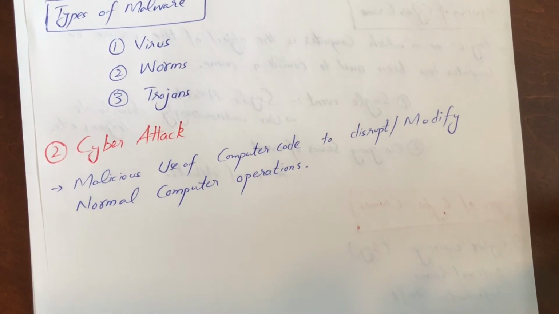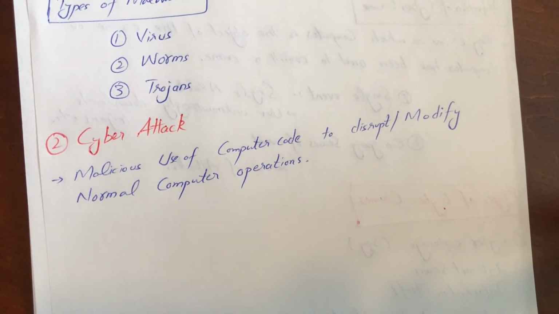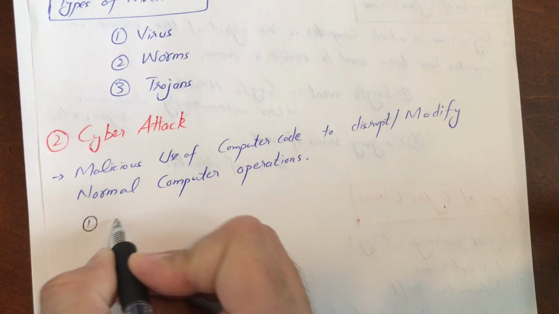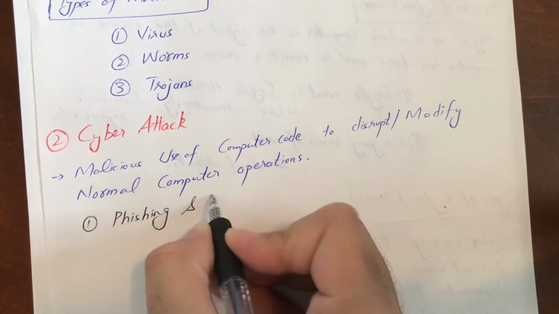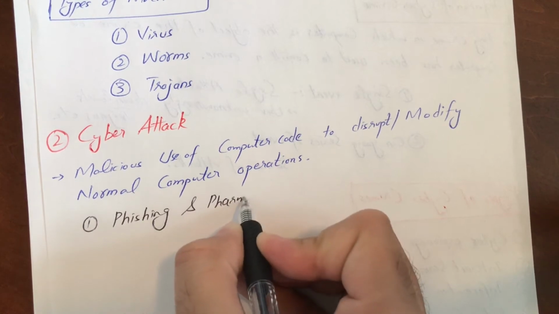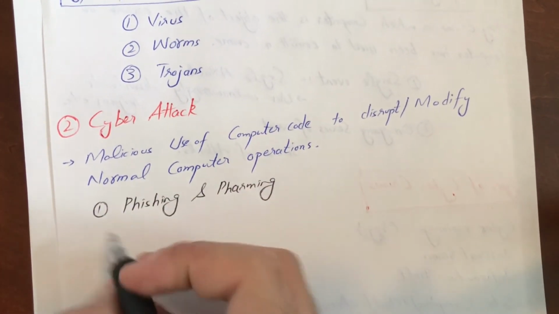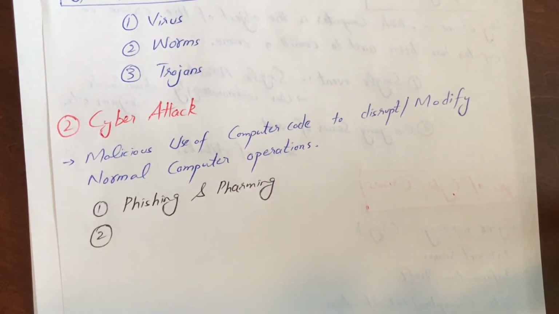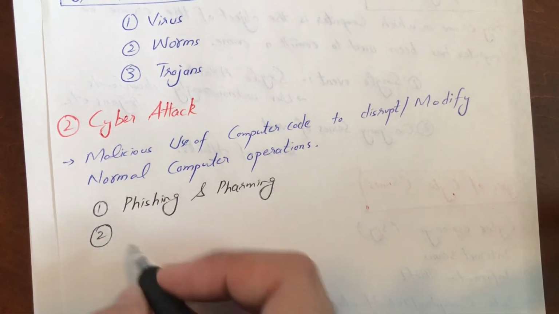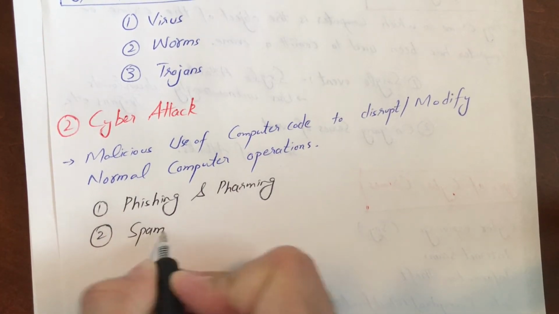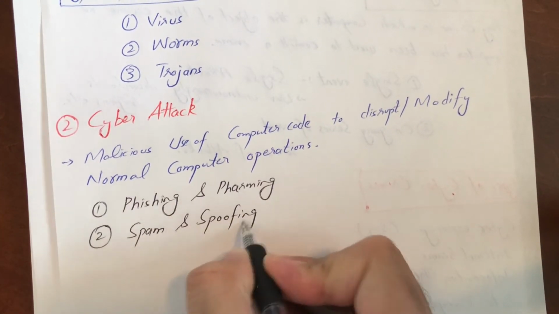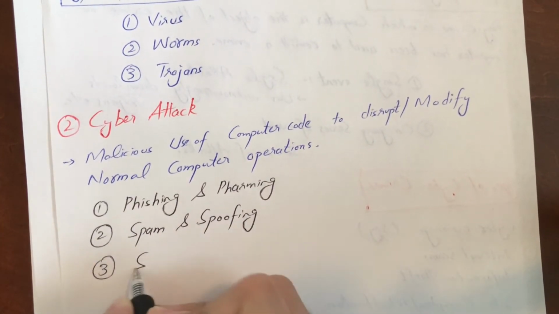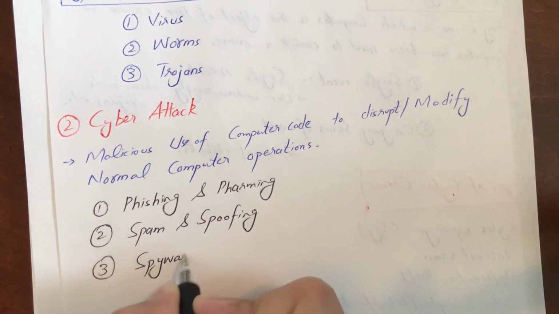Now, there are many examples of cyber attacks. For example, one type of cyber attack is phishing and pharming. These are social engineering. We'll talk about it today. Second type of cyber attack is spamming, or spam, and spoofing, impersonation. Third is spyware. We'll talk about it today.